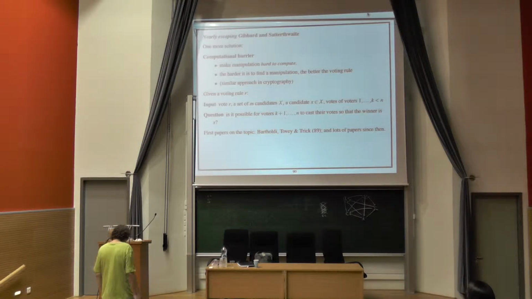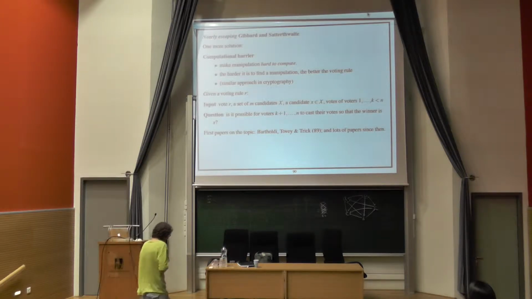So the formal manipulation problem is this one. The voting rule is fixed, and the input is a vote R, which is the preference relation of the voter. Then a set of candidates, distinguished candidates that we want to see elected, and the votes of the other voters.